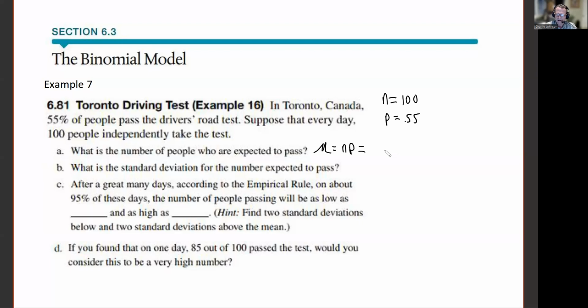So our expected value is 100 times 0.55, which is 55 people would be expected to pass.